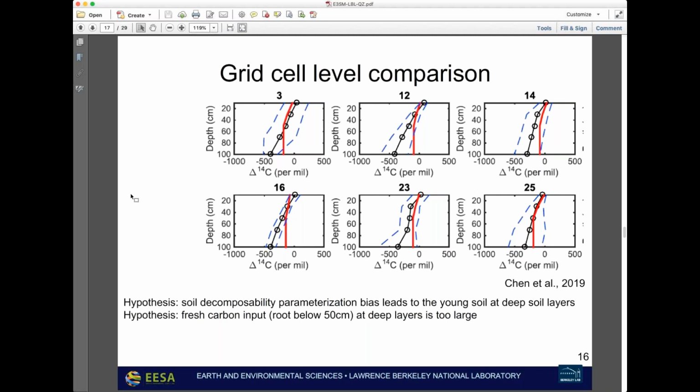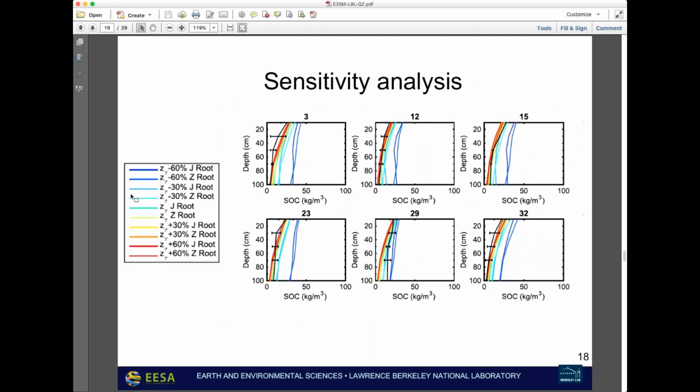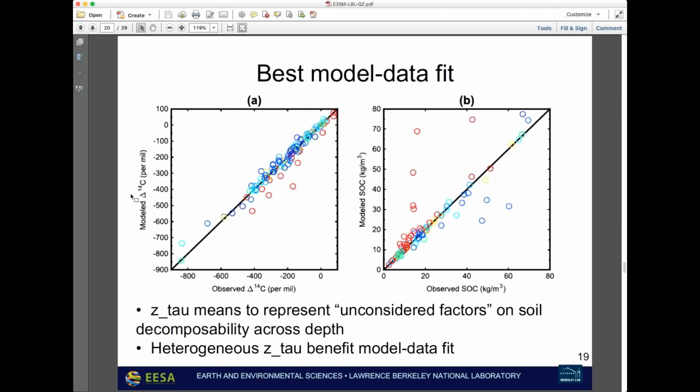Implicitly, because the Z-tau is a single number, the same across depths, we assume that those unconsidered factors, which Z-tau actually represents on the soil decomposability, are exactly the same across soil, and that may not be the case.